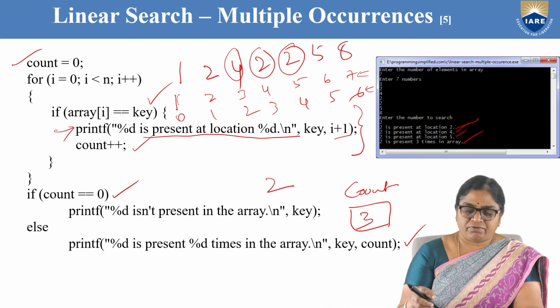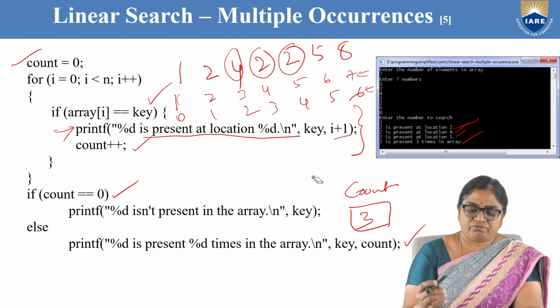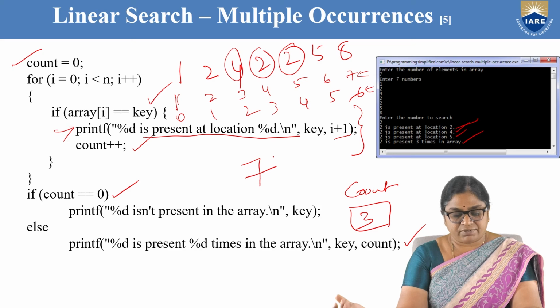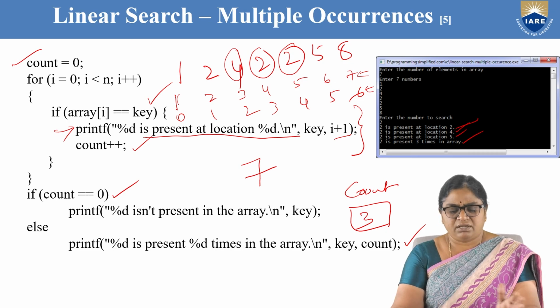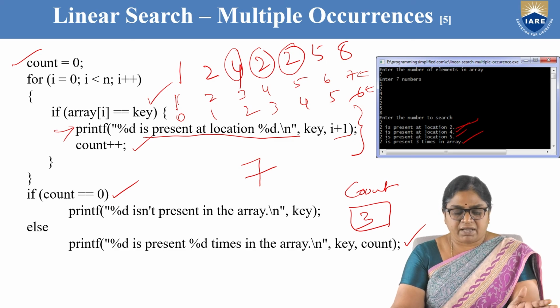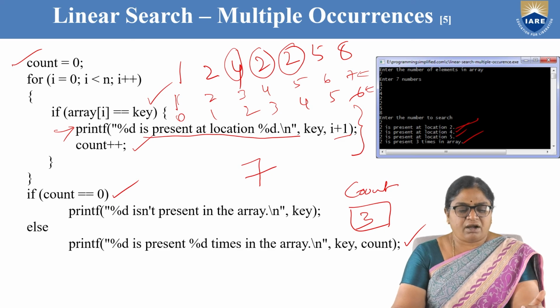Suppose if we are checking for 9 instead of 2, if we are checking for 9 or 7, whatever it may be the number. Suppose if we are checking for 7. So in the iteration, when I takes from 0 to 6, all iterations will end up unsuccessful. That means we are not going to find the match between the current element and the key element. Then automatically the initial value of count will be the same, that is nothing but 0.